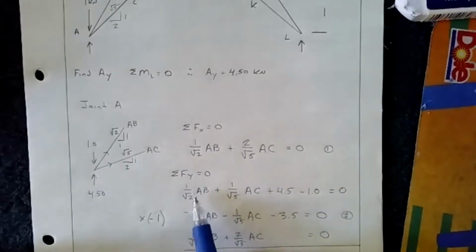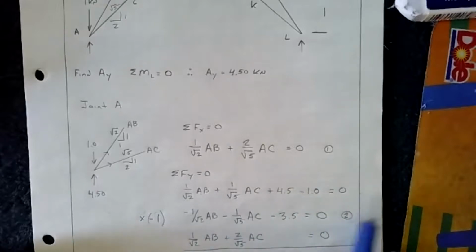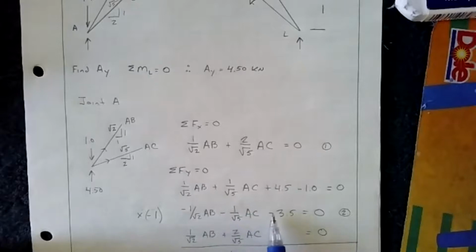Then I'm going to sum the forces in the Y: 1 over root 2 AB, plus 1 over root 5 AC, plus 4.5 minus 1 equals 0. I'm going to take this equation and multiply it through by a negative 1. You can probably see why I'm doing that, because I want to get rid of one of my terms. So that becomes negative, negative, and negative 3.5.